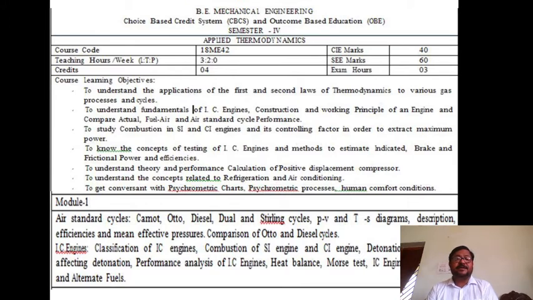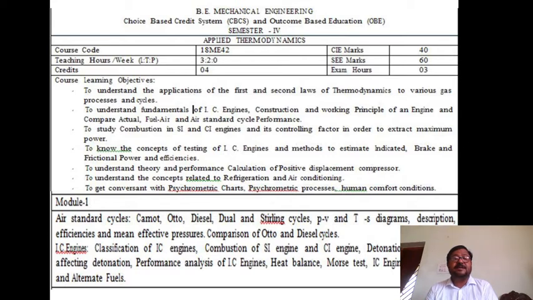Before studying this course, some of the objectives of this course are to understand the application of the first and second law of thermodynamics to the various gas processes and cycles, and also to understand the fundamentals of IC engines, construction and working principles of engines, and to compute the actual air fuel and air standard efficiency of the machine.